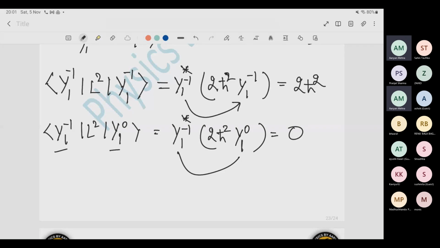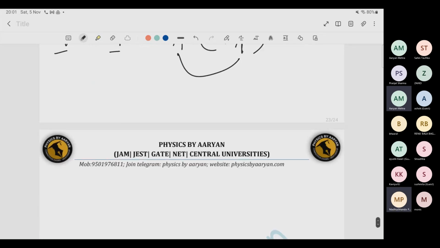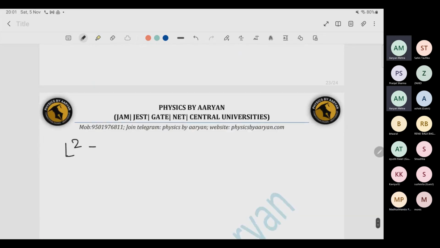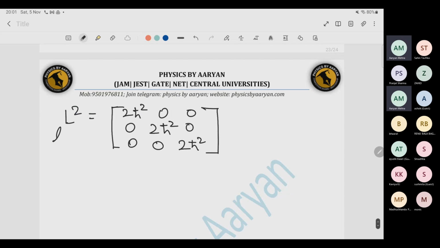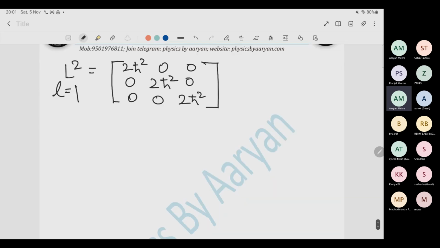Why? Because L is the same for all the terms. So my L square matrix is 2 h cut square 0 0, 0 2 h cut square 0, 0 0 2 h cut square. Do you all agree that this will be my L square matrix when L is 1?